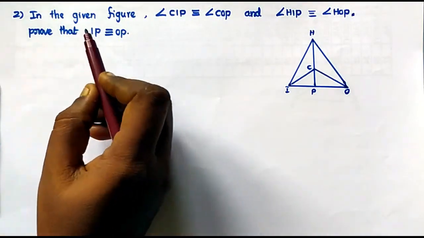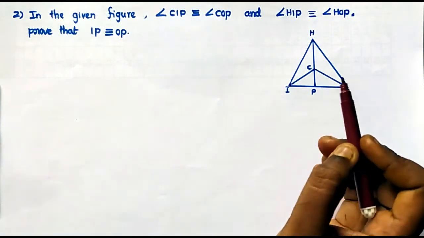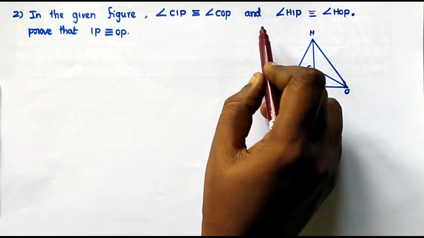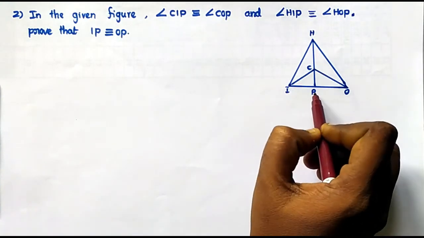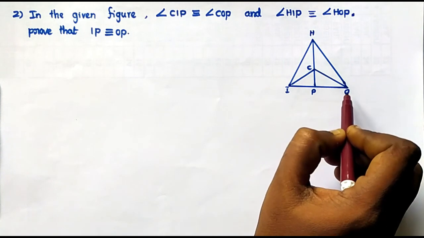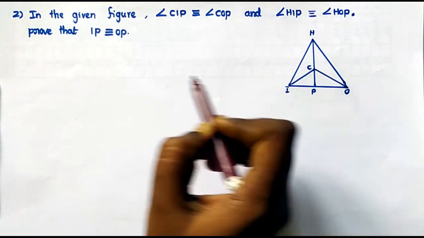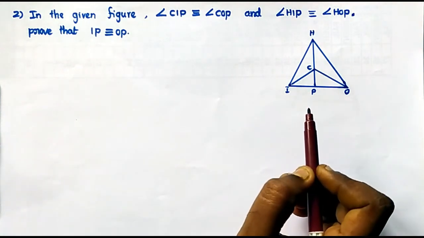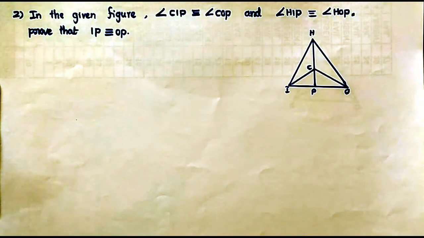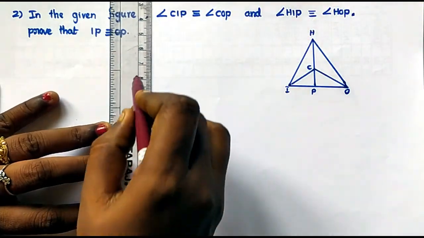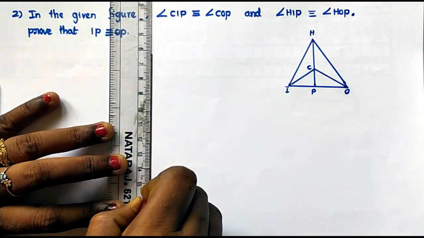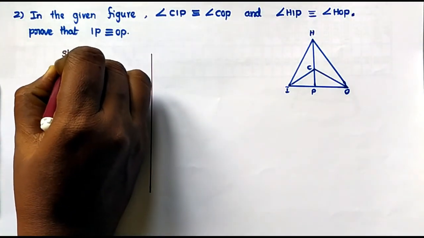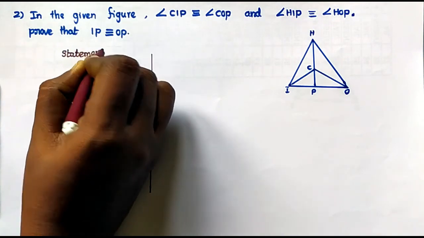Second sum, in the given figure, angle CIP is congruent to COP and HIP is congruent to HOP. Prove that IP is congruent to OP. So listen. Here, statement and reason.